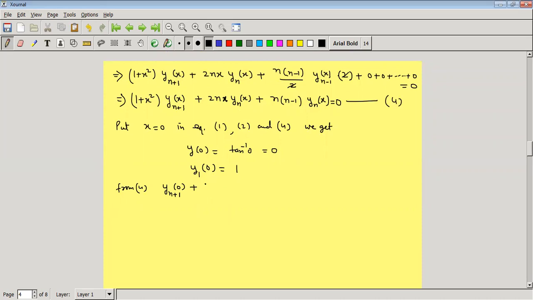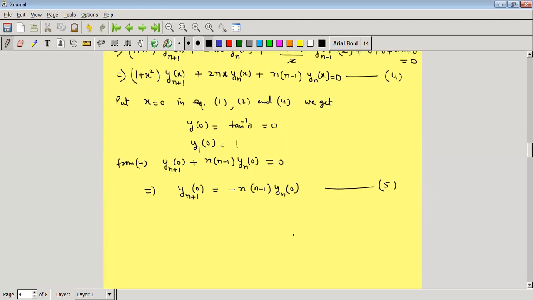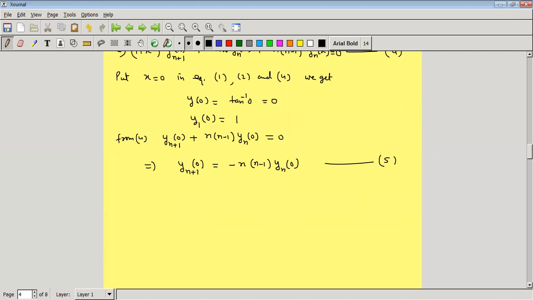So next is plus n into (n minus 1) y(n) at 0, that is equal to 0. So this implies y(n+1) at 0 is equal to minus n into (n minus 1) into y(n) at 0. Let this be equation number 5.